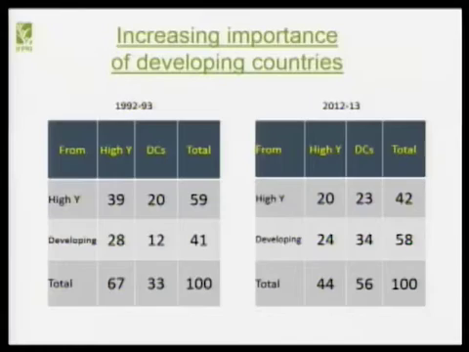If you go back to 1992, 93, just after the Warsaw Pact countries had become integrated into the system, high-income countries exported 60% of world agricultural exports. About 40% of total world agricultural trade was exports from one rich country to another.